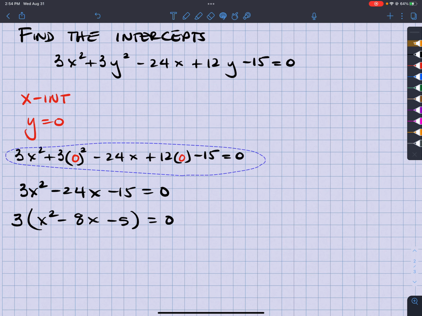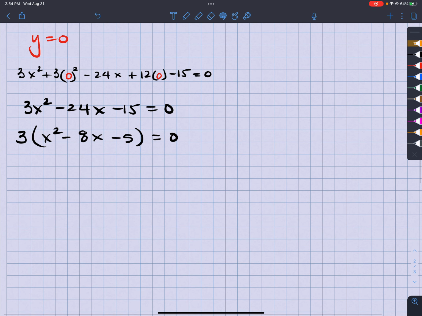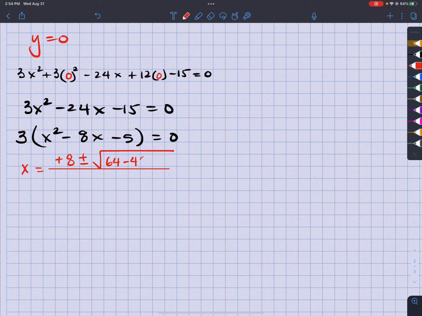So I'm actually going to have to resort to the quadratic formula, right? So let's go with x equals negative b, so positive 8, plus or minus the square root of b squared minus 4ac, 4 times 1 times negative 5, all over 2 times a.